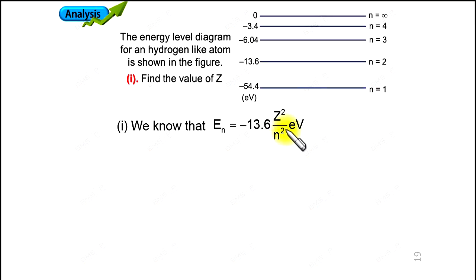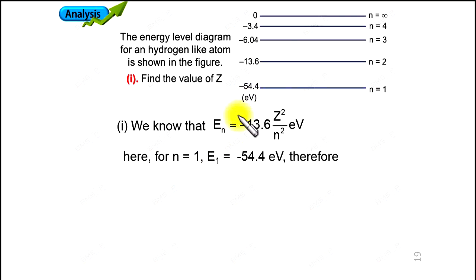But here the energy level diagram is given, and n is also given, and we need to find the value of Z. We can select n equal to 1, with value minus 54.4. So here we can write n equal to 1, E1 equal to minus 54.4 electron volt.